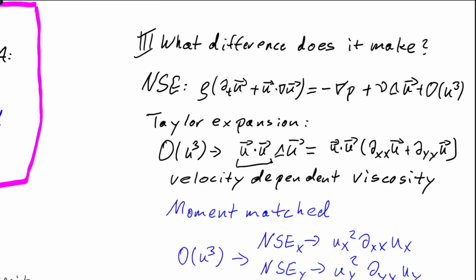However, here it looks a little bit different because we get this error only in particular directions. So these terms also exist in the Taylor expanded version, but there are parts that exist in the Taylor expanded version which do not exist in the moment matched version.